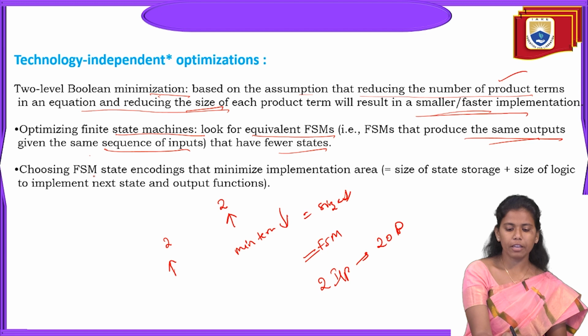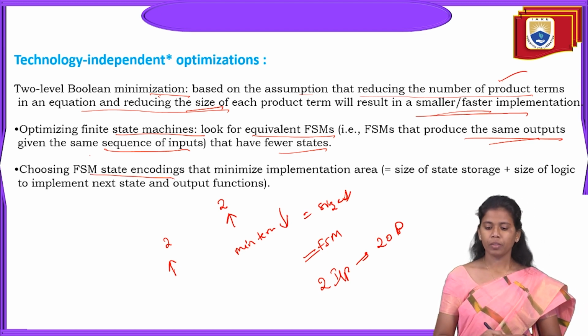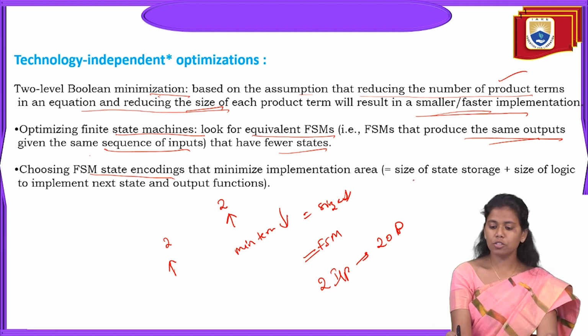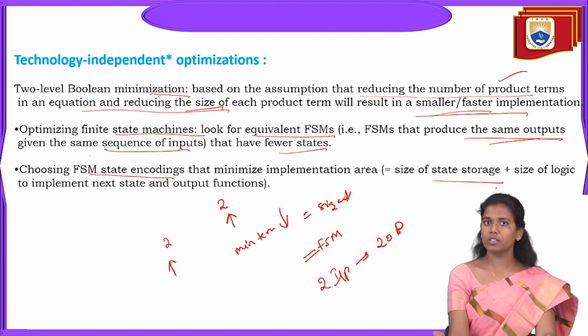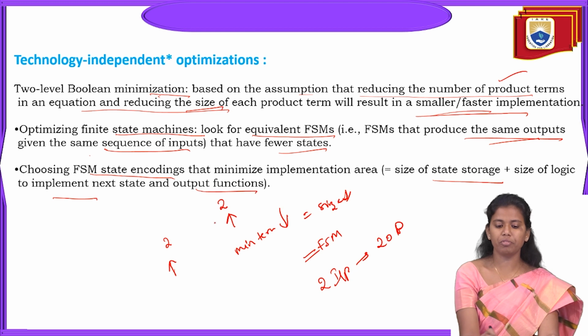And then choosing FSM state encoding that minimizes the implementation area. This last criterion says: size of the state storage plus size of the logic implementing the next state and output function.